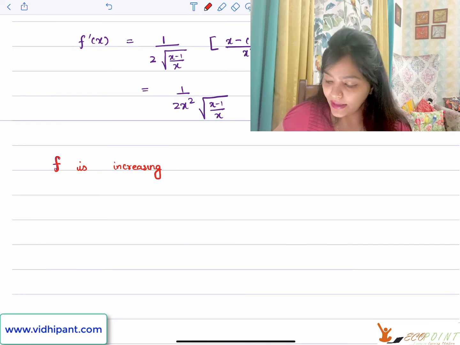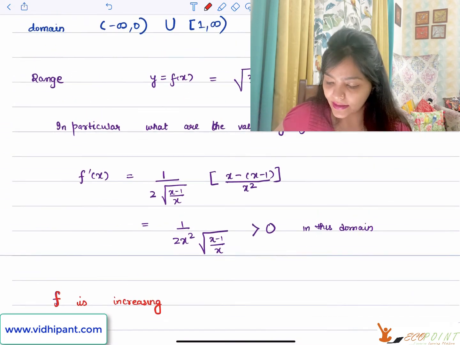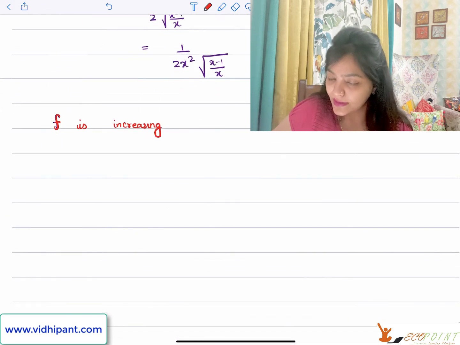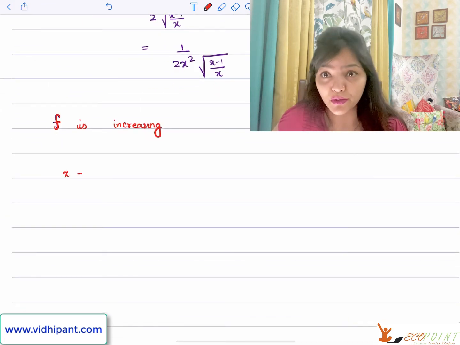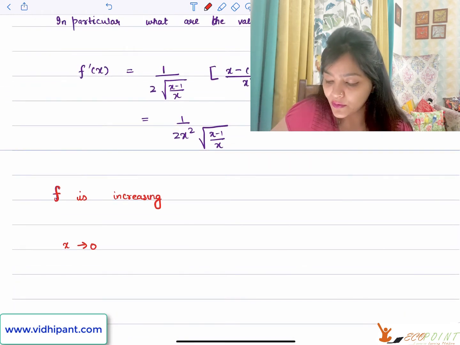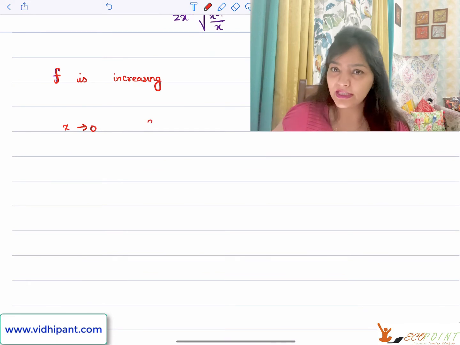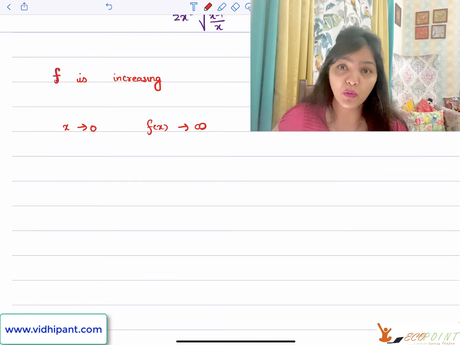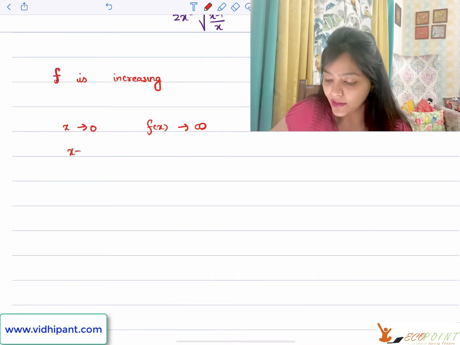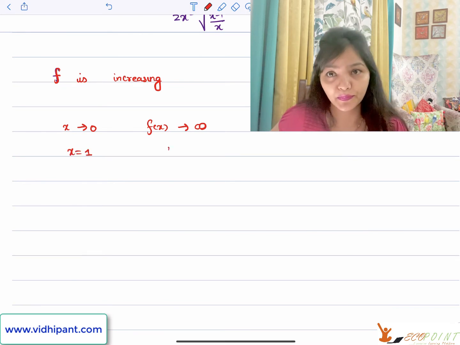Now, what I see here is that when x is tending towards 0, x is never equal to 0, but when it is tending towards 0, then f(x) would be tending towards infinity, right? So when x moves towards 0, f(x) moves towards infinity, and when x is equal to 1, f(x) would actually be equal to 0.